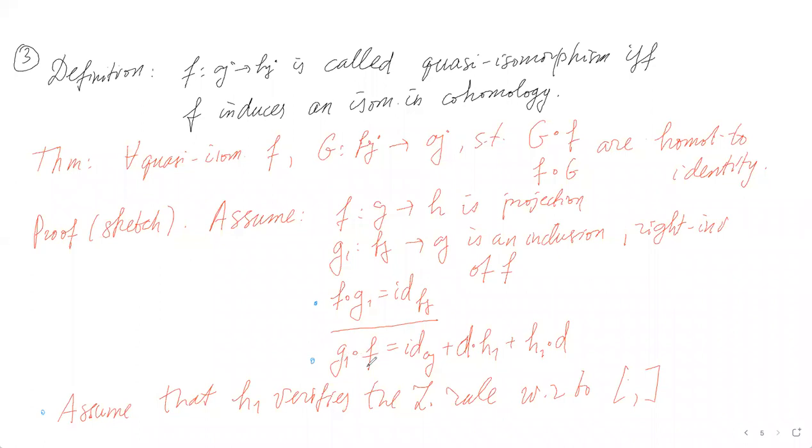To see the existence of such maps, you can use some kind of linear algebra argument, because the only thing we have to take care of when we construct G1, for instance, is that the map F induces an isomorphism in cohomology.